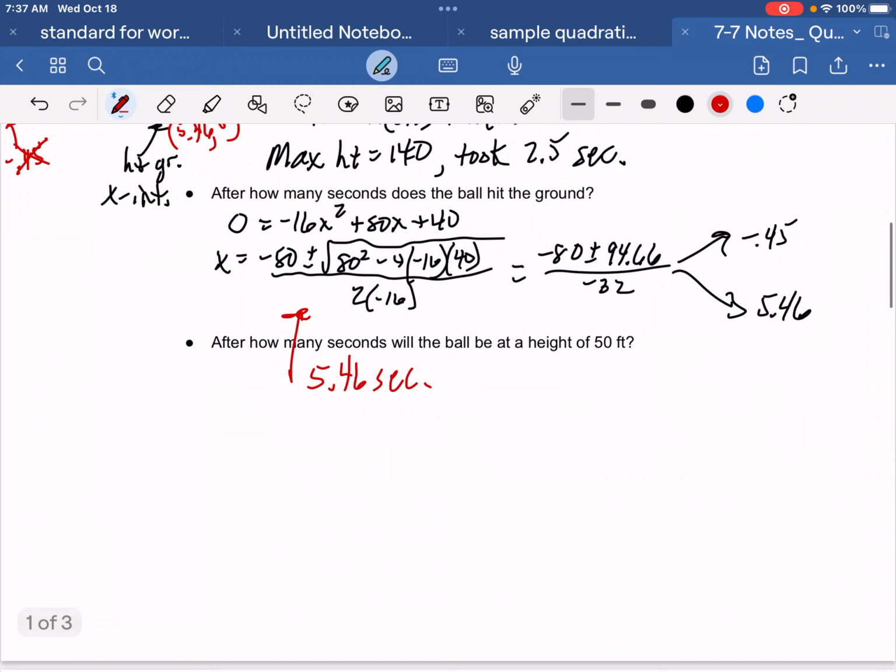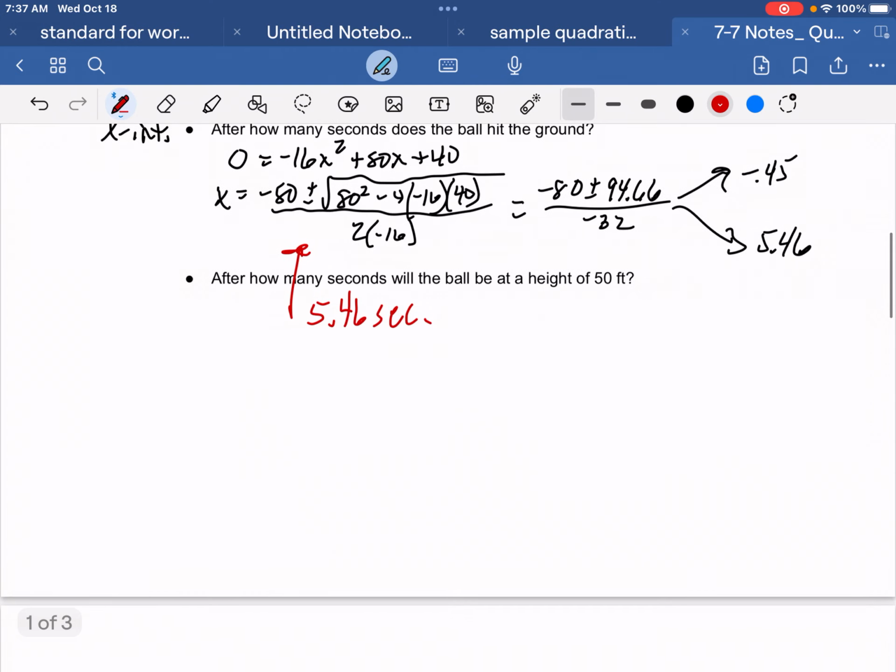After how many seconds will the ball have a height of 50 feet? Well, doesn't that say to let y equal 50? So then we have 50 equals negative 16x squared plus 80x plus 40.